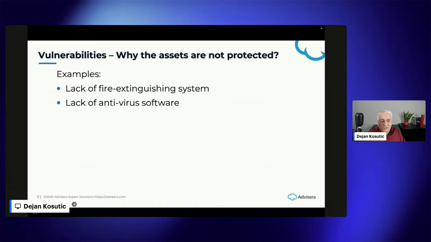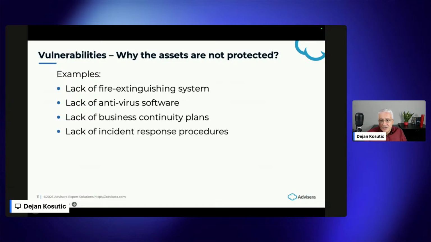Lack of antivirus software is a vulnerability related to software. Or also lack of antivirus software could be a vulnerability related to your databases. Then lack of business continuity plans could be a vulnerability related to assets like your people, your offices, or something else that is more general in your company.